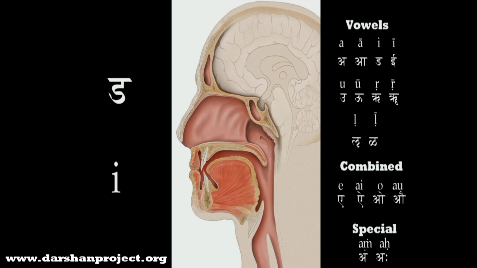And this gets extended into the long ee. And from there we have what is shown as U in the transliteration, which gets once again the longer version, which is ooh.